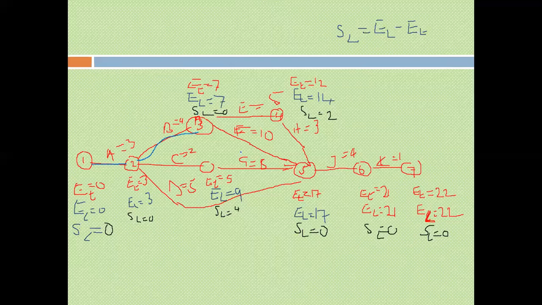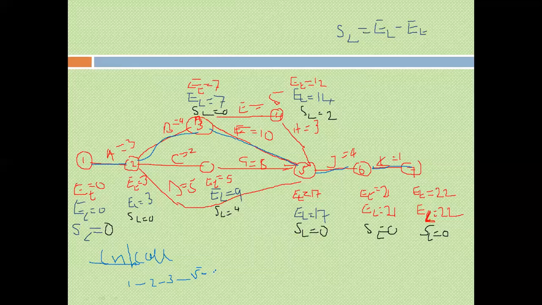This is 0, so we go straight like this, because this is not 0. And then we draw straight like that. So our critical path will be 1 dash 2 dash 3 dash 5 dash 6 dash 7. That is the route that we call the critical path.